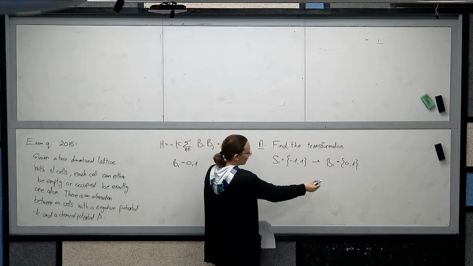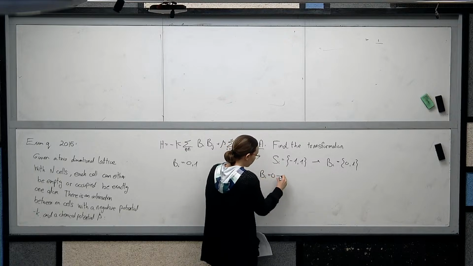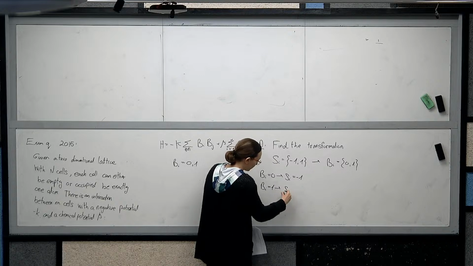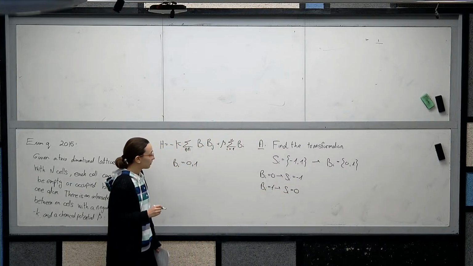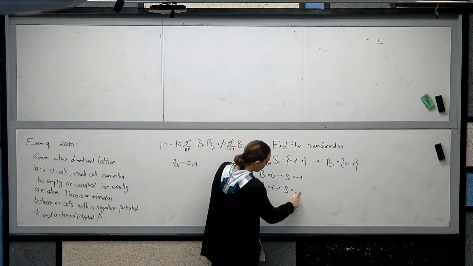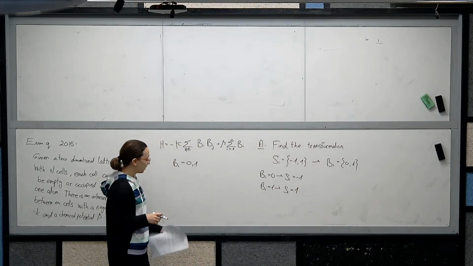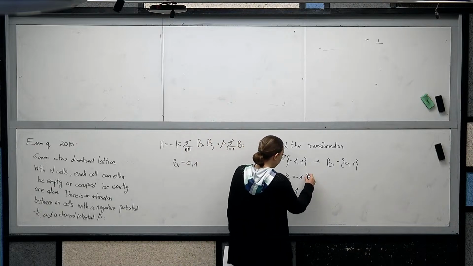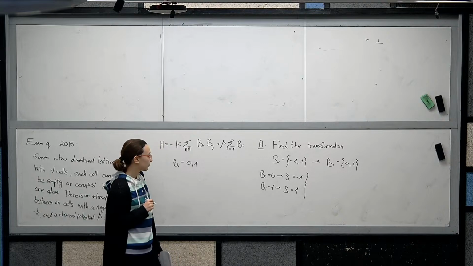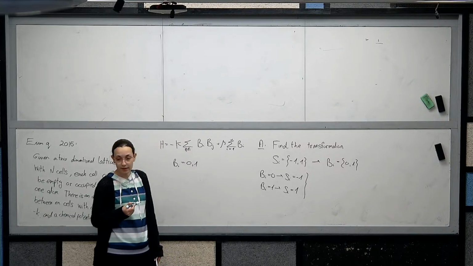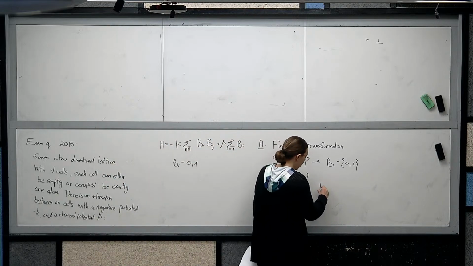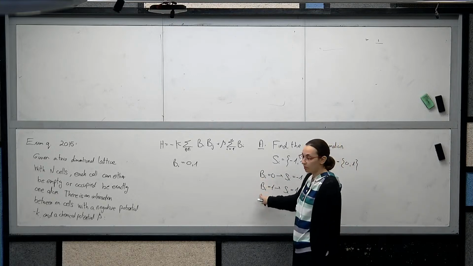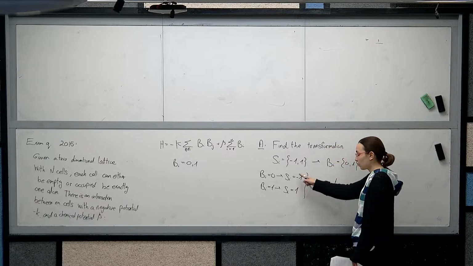Okay, so we need to go from Bi equals 0 to Si equals -1, and from Bi equals 1 to Si equals 1. So we can take Bi, subtract 1/2, so we will get here -1/2 and here +1/2, and then multiply by 2, and then we get this transformation.